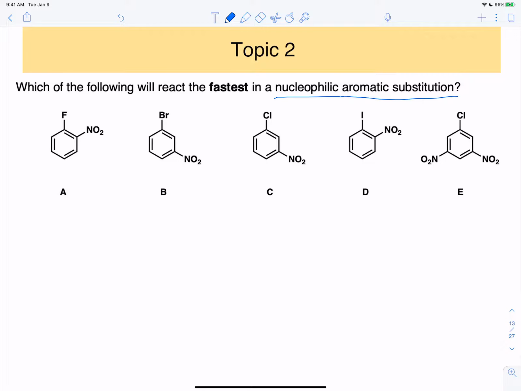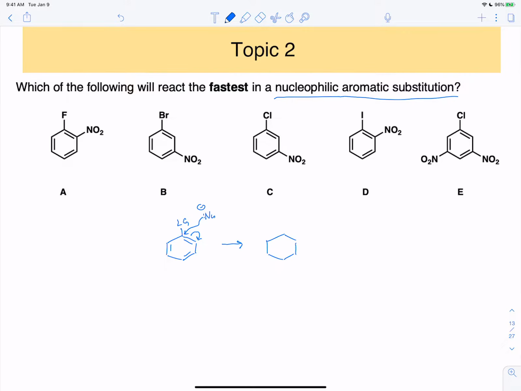So we're going to have a benzene ring, try to substitute a leaving group, and we know that if a nucleophile attacks a benzene ring in a substitution, it'll have to attack the same carbon as the leaving group, and that'll cause the benzene ring to dearomatize.